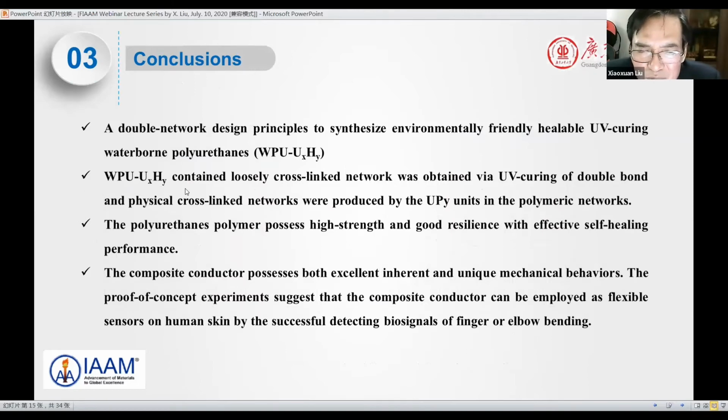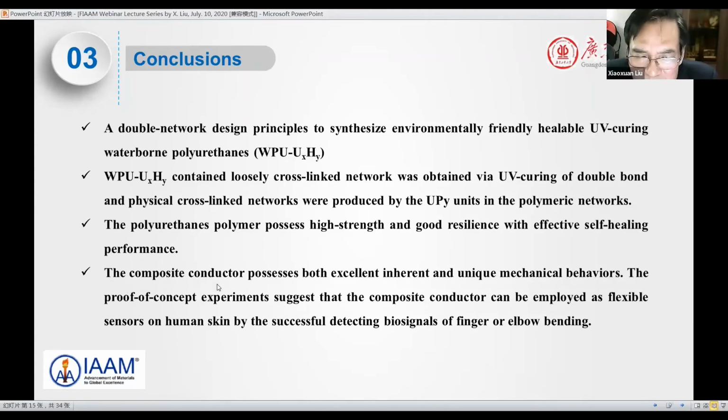WPUs contain loosely cross-linked networks obtained by curing of the double bonds, and physical cross-linking networks produced by the UPy units in the polymeric networks. The urethane polymers possess high stress and good resilience with self-healing performance.